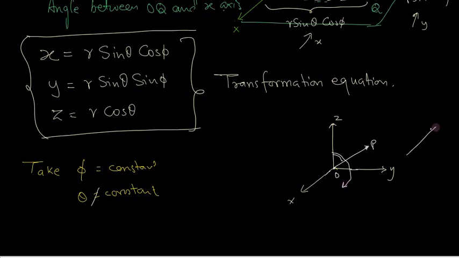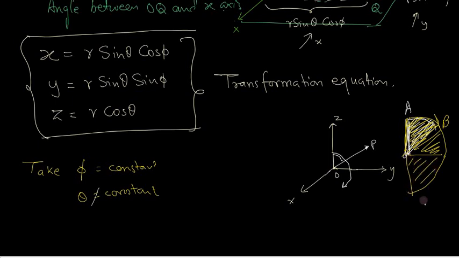If this is your line element and you want to vary it by keeping O fixed, it will basically be an arc, with phi still a constant. If I change from position A, that OA was a line, and I change it to OB, it will cover some surface AB. If I further increase it, it will become a quarter of a circle. If we change it by pi by 2, it will cover a disk.